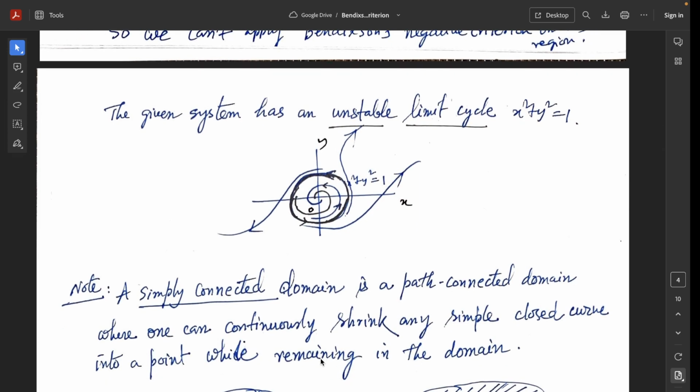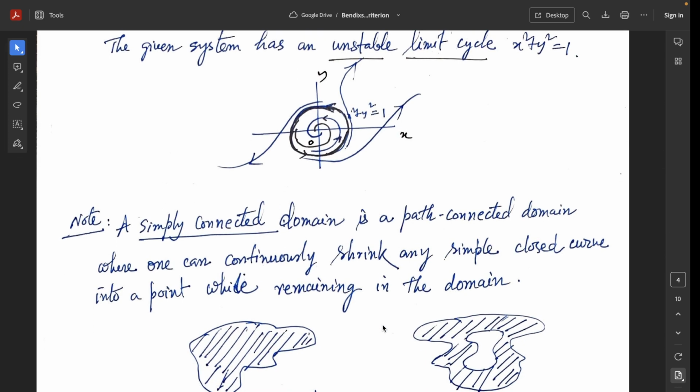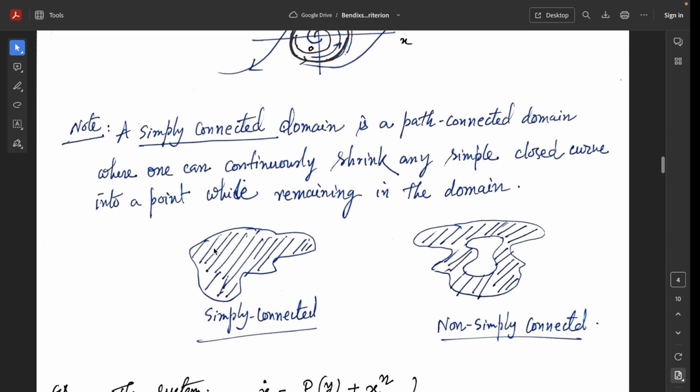Now, what is a simply connected domain? A simply connected domain is a path connected domain where one can continuously shrink any simple closed curve into a point while remaining in the domain. So this region is a simply connected domain because we can continuously shrink any closed curve in this region into a point without leaving this region.